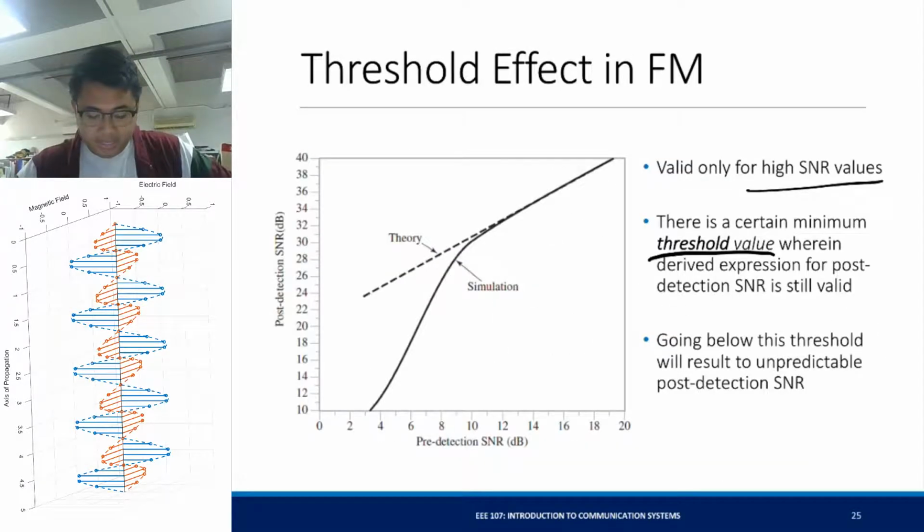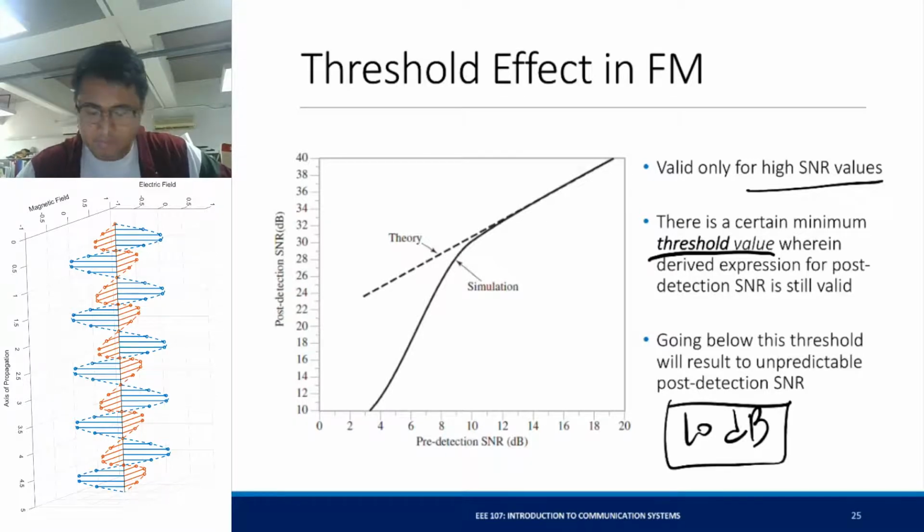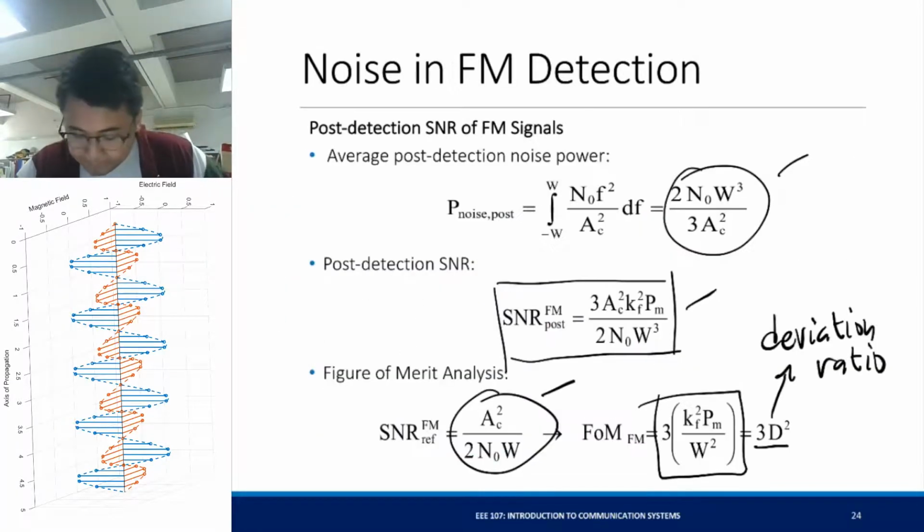Okay, and that threshold is very large, maybe around 10 dB. If the signal power is at least 10 times the noise power, then we can already say that you're above the threshold.